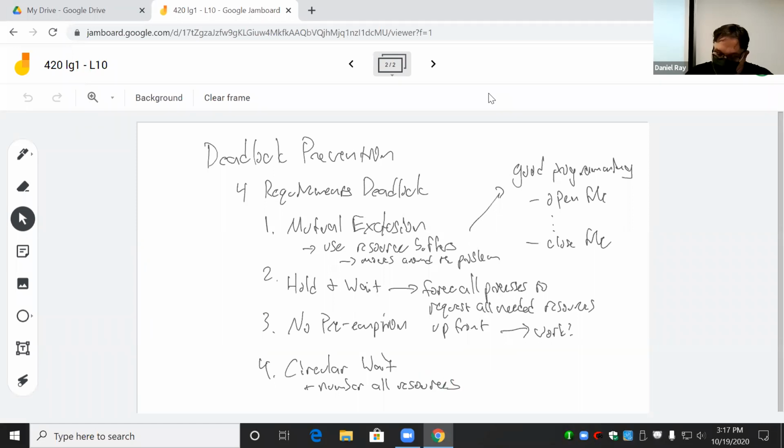So we've got all the resources numbered, and resource requests would have to be made in numeric order by all processes. Okay, so what's that going to do?